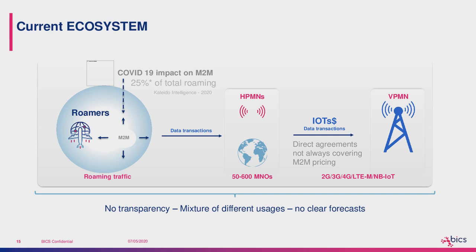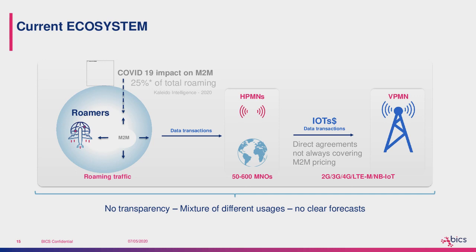So all this roaming traffic, M2M and traditional roaming, is transiting through many roaming agreements between what we call an HPMN, which is the home mobile network where subscribers, human or machines, are originating from, and then the VPMN, which is the visited mobile network where these subscribers, humans and machines, are roaming.